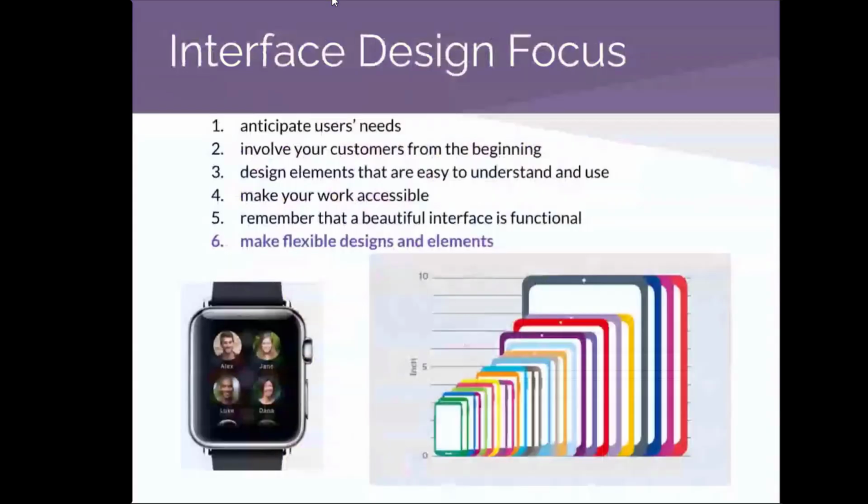So see, here's all these screen sizes. So when we talk about interface, we want to anticipate the user's needs. So, how am I going to get from point A to point B in this website? What kinds of things is the user going to need, directly on whatever page that they land on, right?